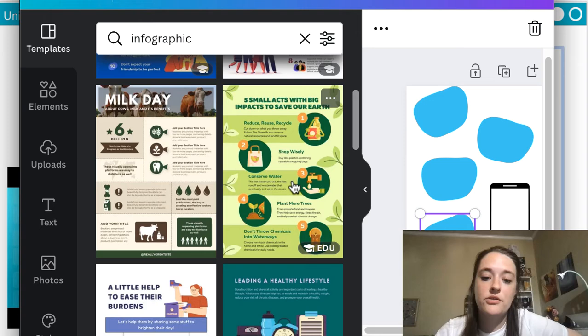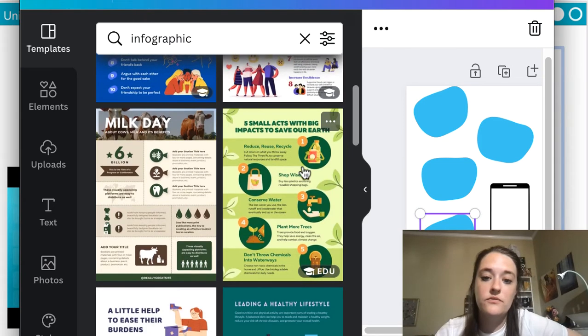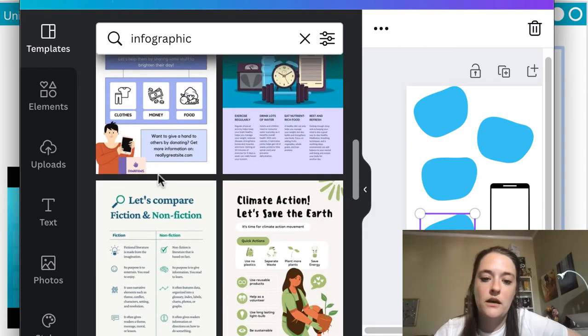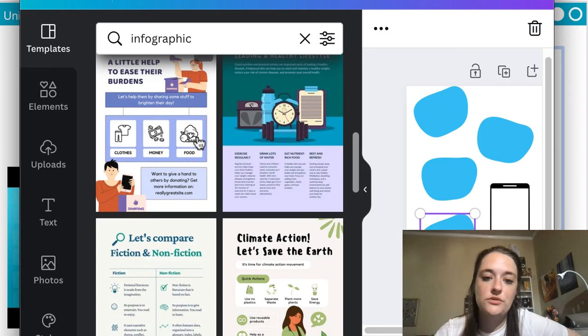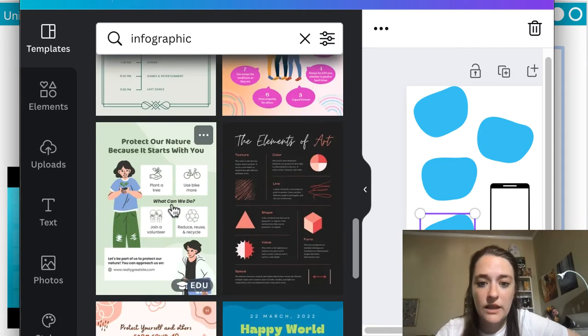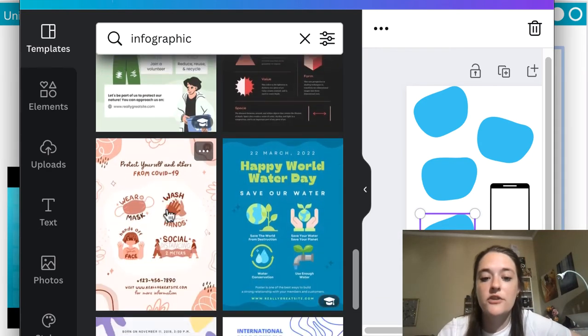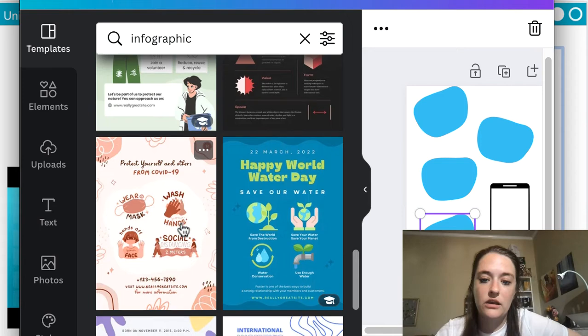Okay. So if you have 3 things that you're supposed to be talking about, 1, 2, 3, you can delete the other 2. Okay. 1, 2, 3. You could put the titles there. So this kind of assignment really lends itself to an infographic.